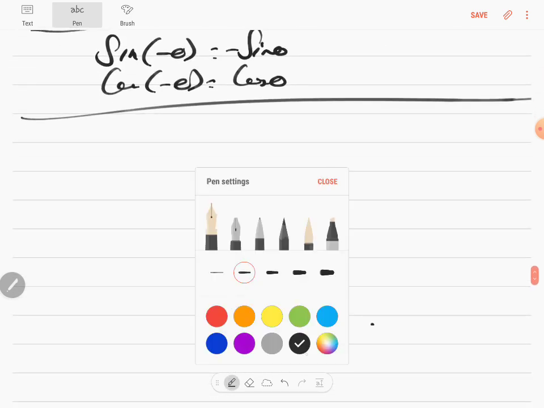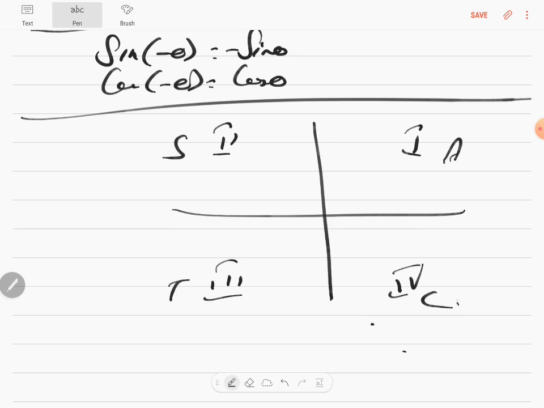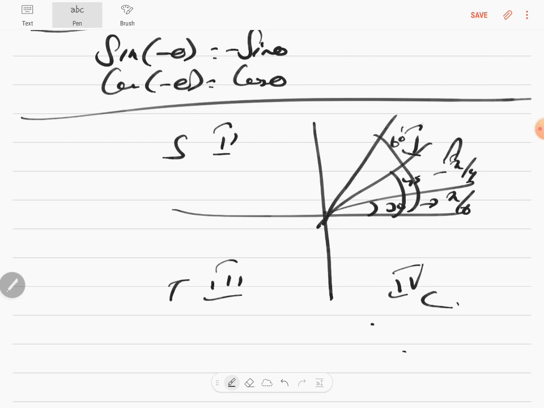As for the 4 quadrants, first, second, third and fourth, where it's all school taught children, the angles such as 30 degree, which is pi by 6, 45 degree, which is pi by 4, and 60 degree, which is pi by 3, would all be in the first quadrant.